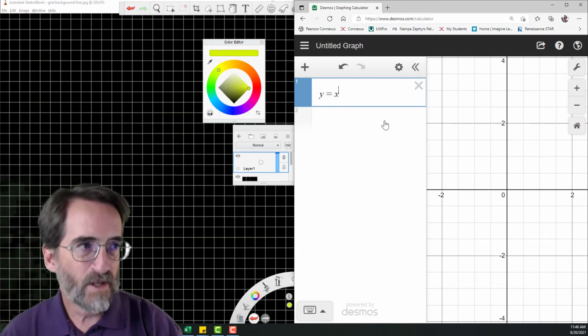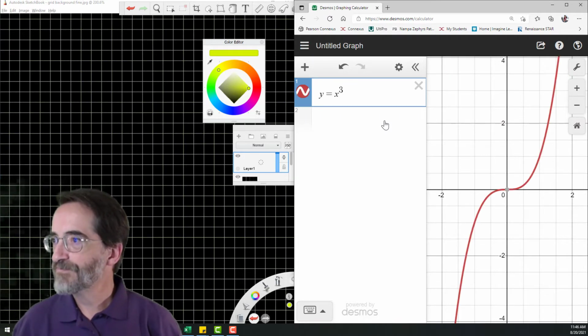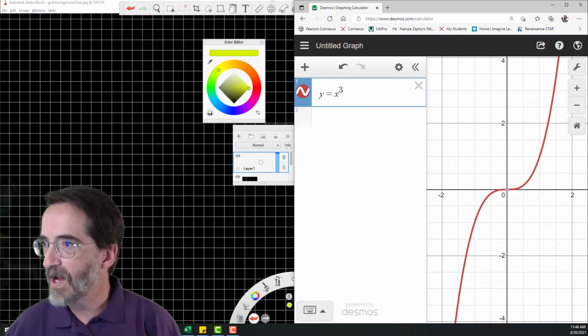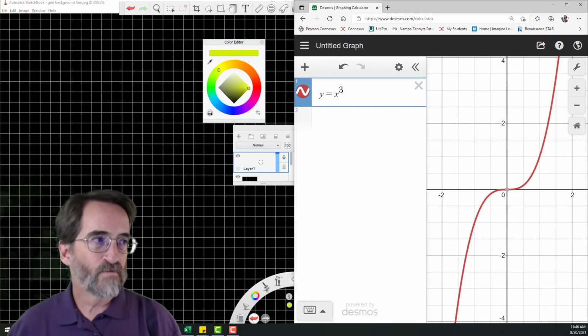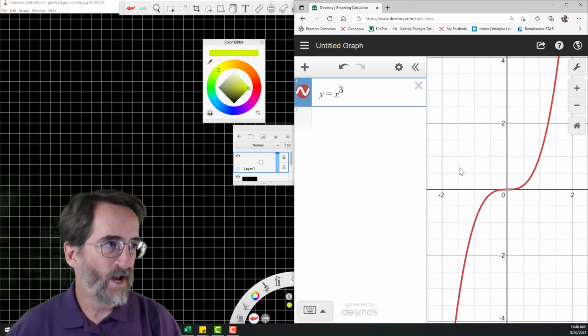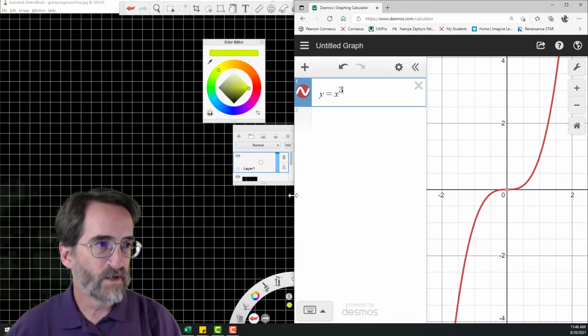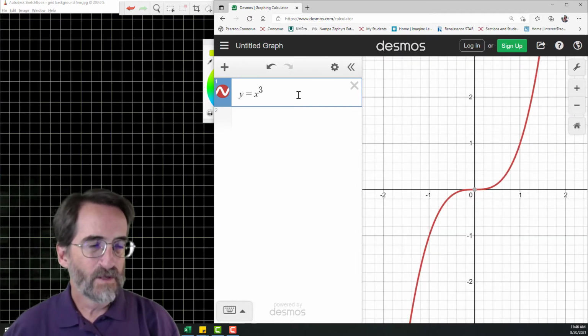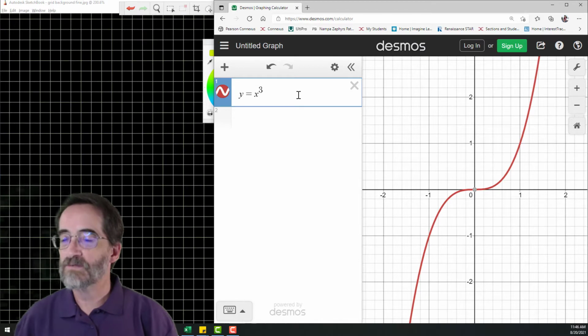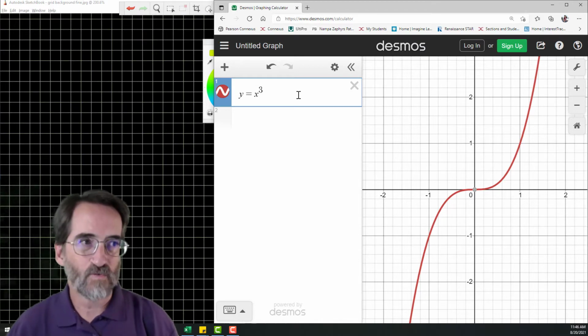But we're talking about x cubed, and you're asked to use the graph to animate the robot dancing. Our first task is to make the robot jump up. There's just one way to do that.